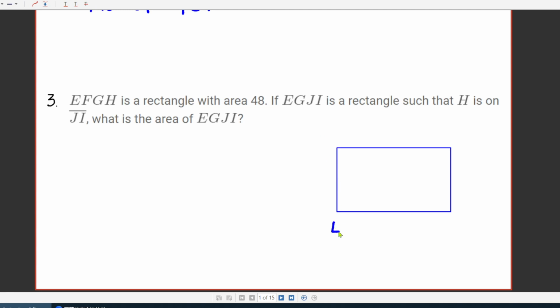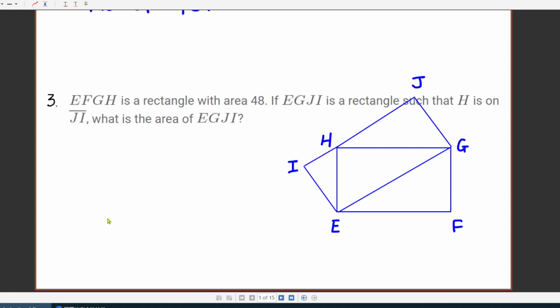First of all, we have a rectangle EFGH, and then we have another rectangle such that H is on JI, so the other rectangle must be somewhere here. So this point is J, and this point is I, right?